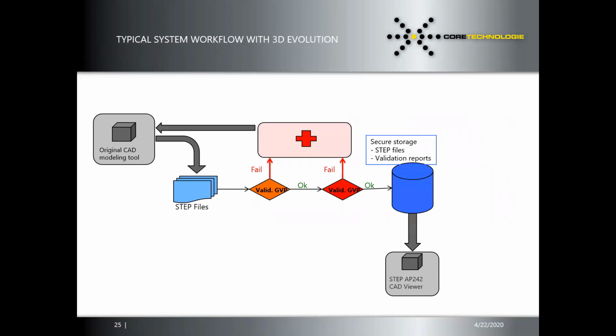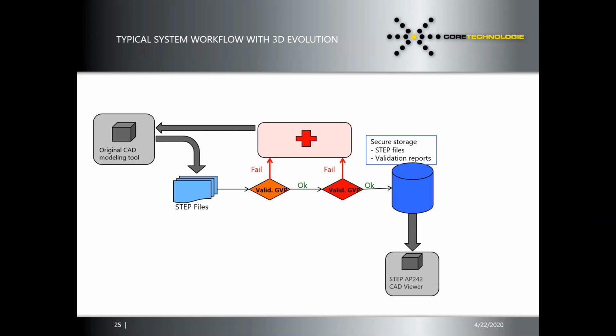A typical workflow for Airbus was to take the original file format as noted in the previous slide, either use the original CAD file to write the STEP 242 format, or use the Core Technology solution, sending it off for what we call the VDA GVP property checks. So the standards that are required to validate that the model is accurate.